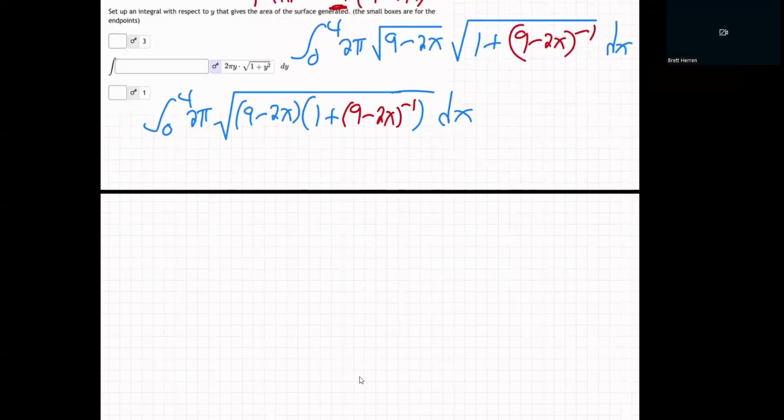Okay, so now let's keep going. So integral 0 to 4, 2 pi. Now let's simplify that big square root. I know you might think about this like FOIL, but here's a better way.